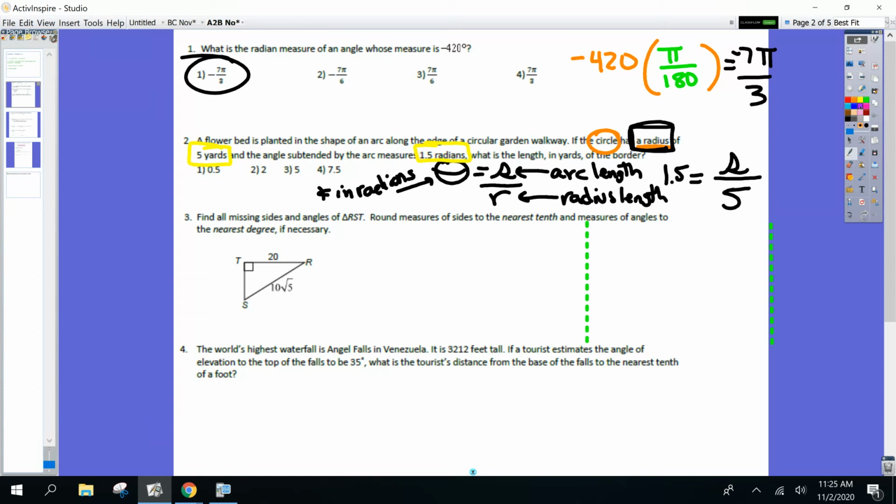There's not too much help I can give you now in solving this. You can put the 1.5 over 1, cross multiply. You can multiply both sides by 5. No matter how you get there, the arc length is 7.5.